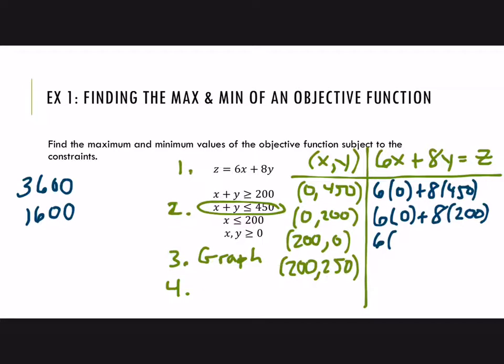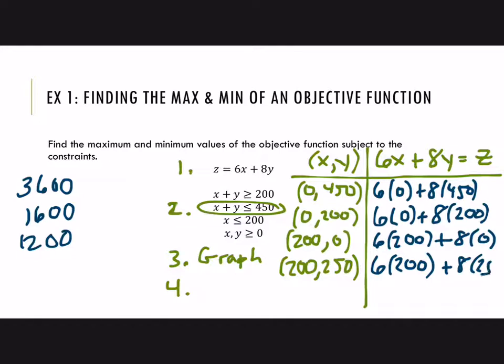Then 6 times 200 plus 8 times 0, 1,200. And then 6 times 200 plus 8 times 250. And that one's 3,200.